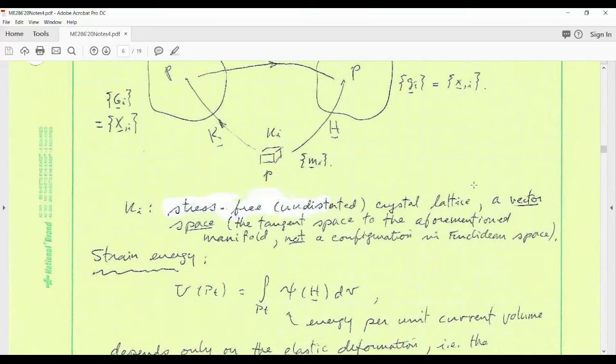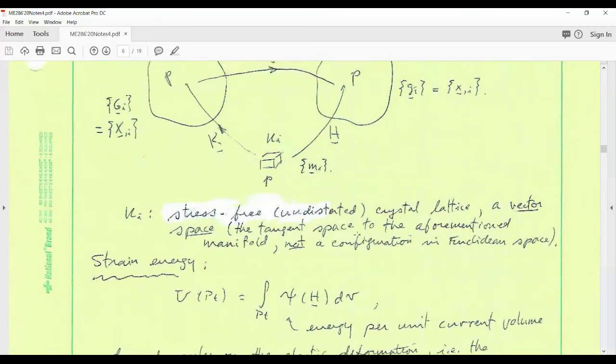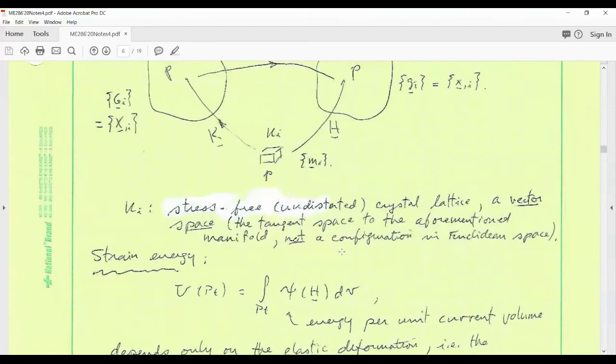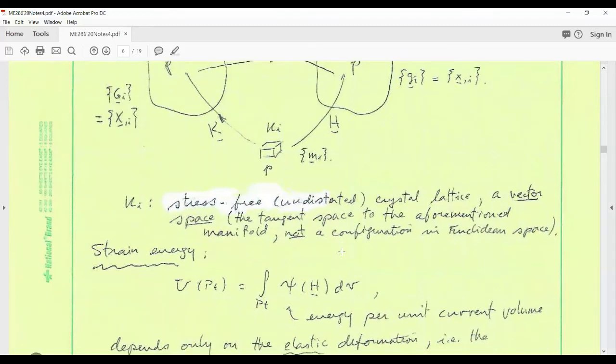Okay? It's again tangential, a vector space that's tangential to our non-Euclidean manifold. It's not a configuration in the usual sense in Euclidean space. If we insist on thinking of it as a configuration, well then you can do so, but it resides in a non-Euclidean space.